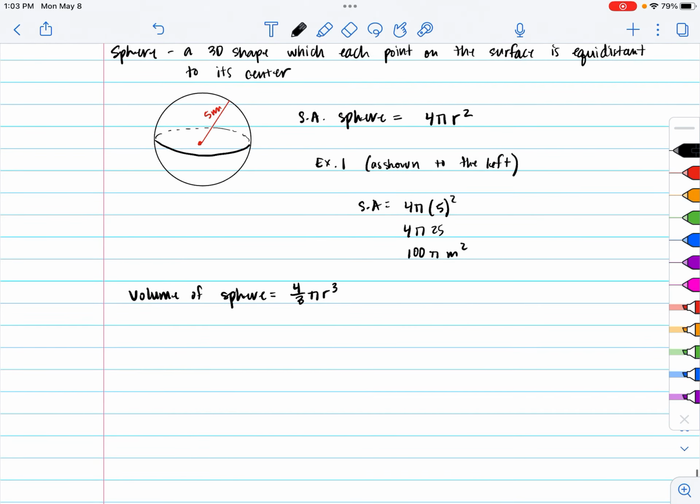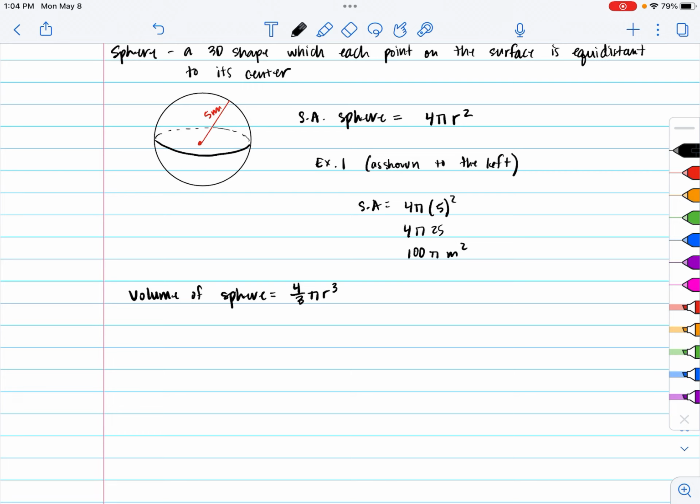So 4/3 pi r cubed. We're not gonna get into the nitty gritty, how did they solve for this? Just take this for what it is, and we could solve for the actual volume in terms of all of everything that's inside of this sphere. So it would be underneath the crust, all that fun stuff in the earth. I forget all the layers.